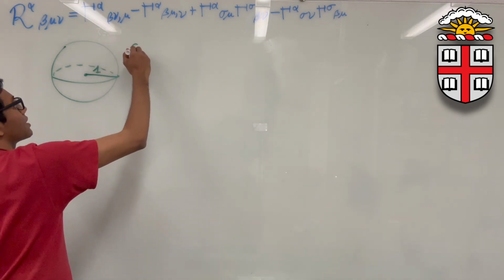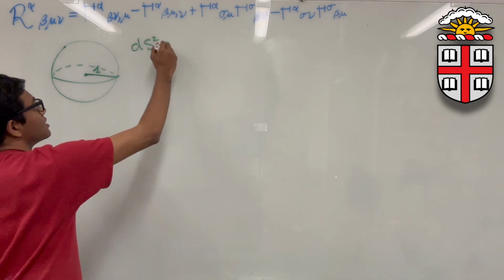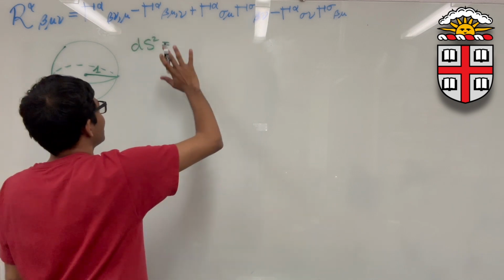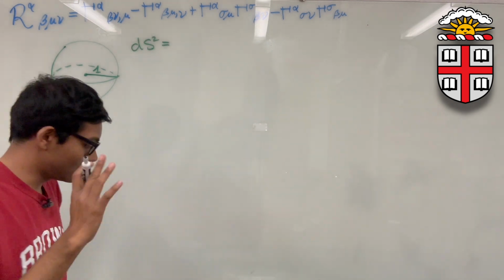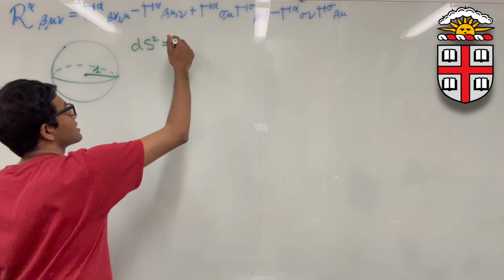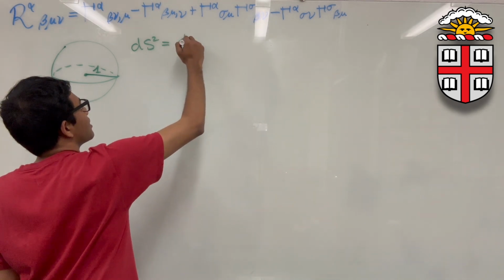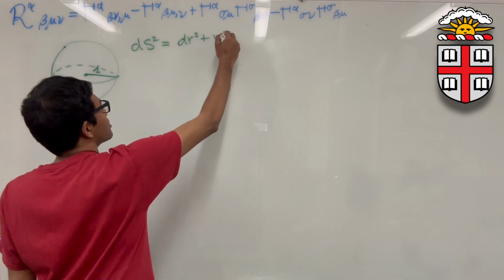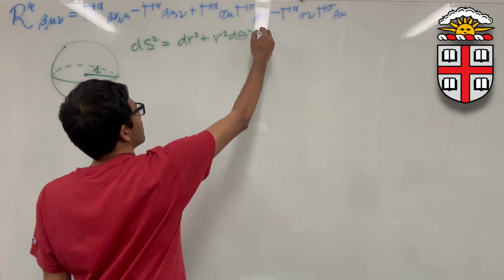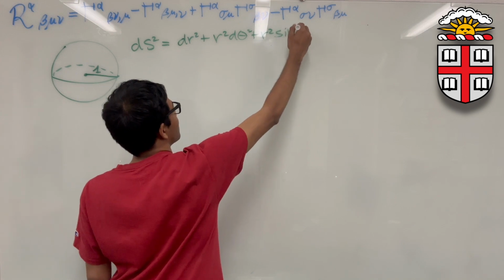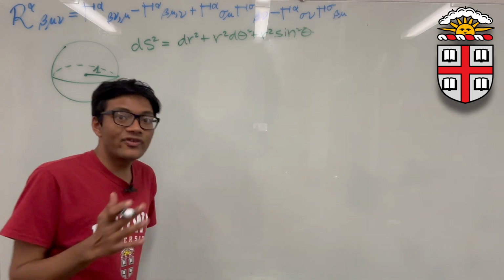So we typically have ds squared equal to, not in Minkowski space, just in Euclidean space, let's write down the metric. Usually it's dr squared plus r squared d theta squared plus r squared sine squared theta d phi squared. Now in this case, r is fixed.